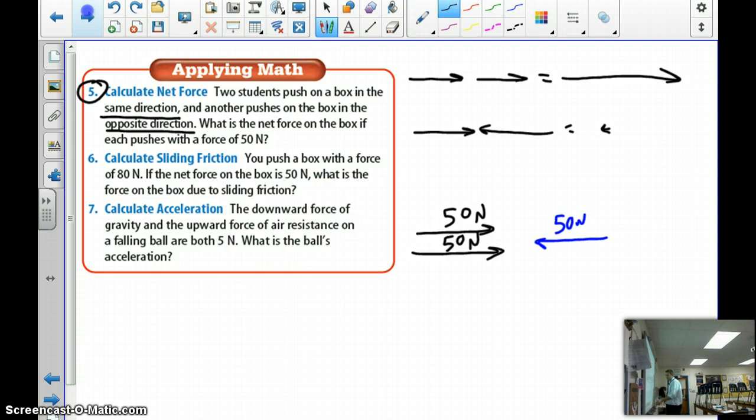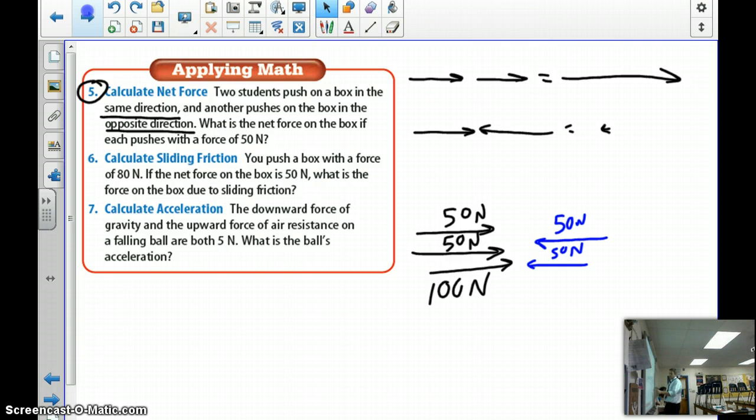So I think you can see on the left that total adds up to 100 newtons going toward the right, and my blue force is only 50 newtons going to the left. So I have 50 newtons taken away from my 100 newtons, which means I essentially end up with a net force, a total force, of 50 newtons toward the right.